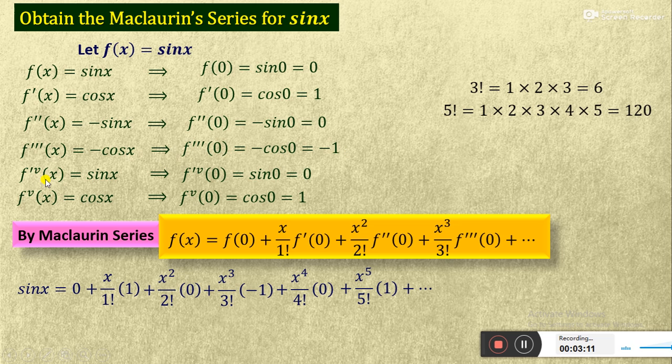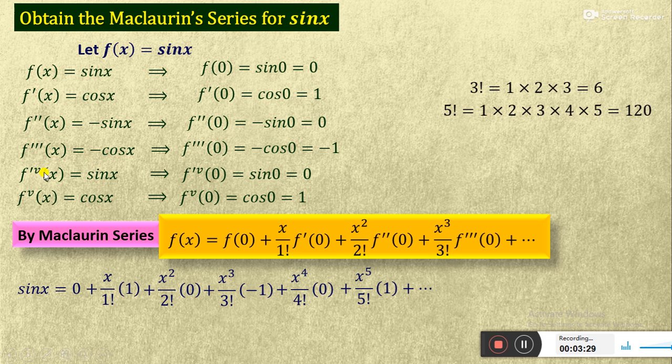Next the fourth derivative: f⁗(x), where we differentiate the third derivative, -cos x. The derivative of cos x is -sin x, and with the minus already there, minus of minus sin x is plus sin x.